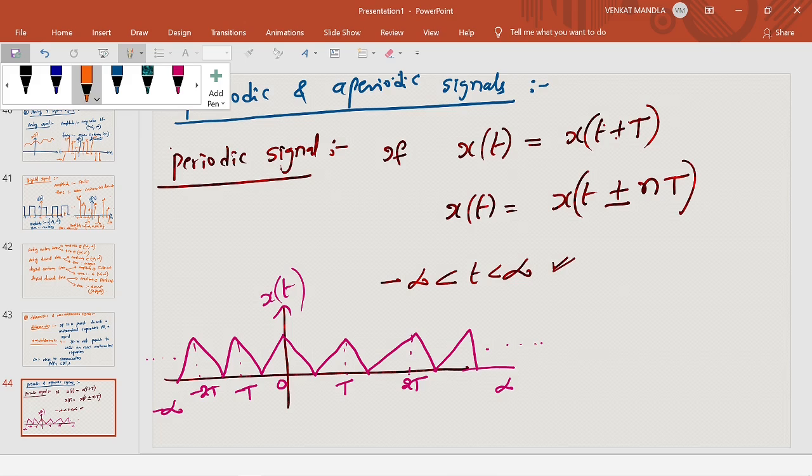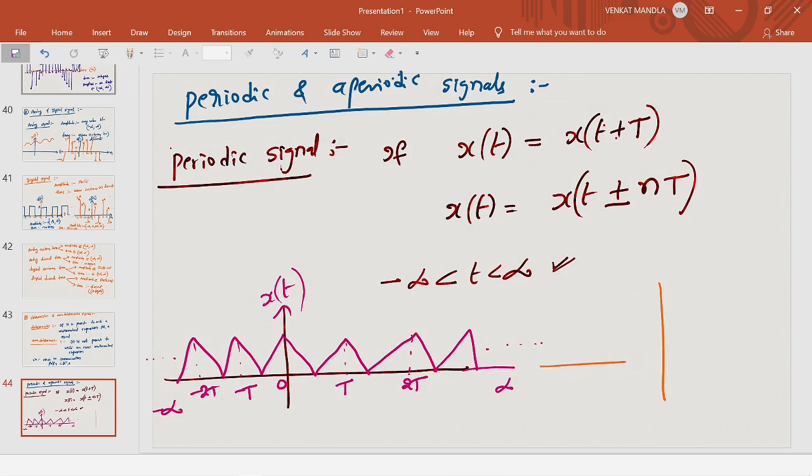Suppose one signal, some x1 of t, is only repeated in the positive side, and it is 0 for negative values. 0, let us say capital T, 2T, and 3T, and so on.